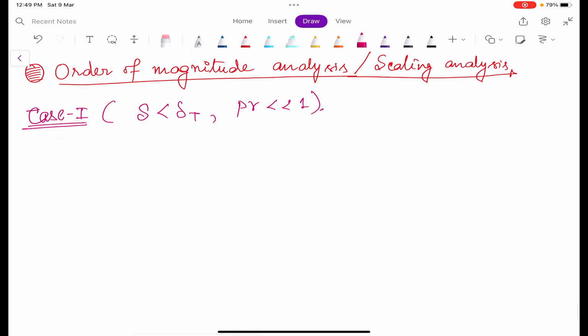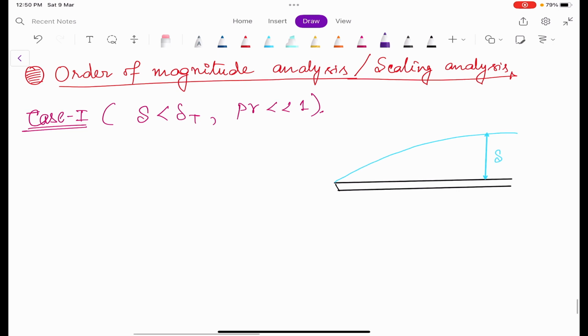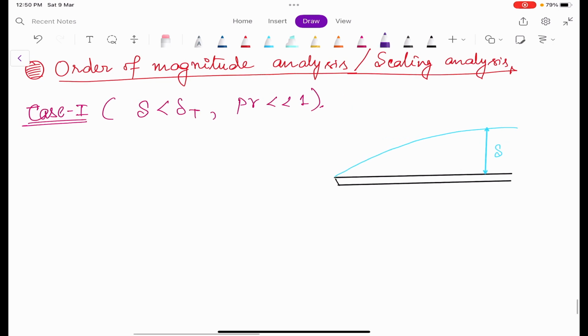Now if I draw the case roughly, this is the flat plate, and if this is my hydrodynamic boundary layer thickness, this is delta. Okay, so I have told that delta is less than delta t, so delta t will be something like this. So this is delta t.